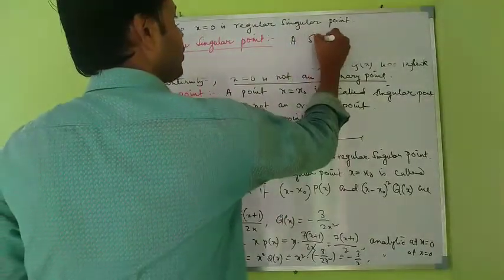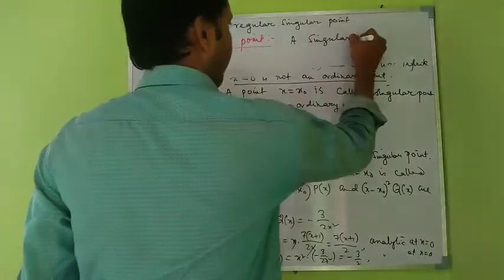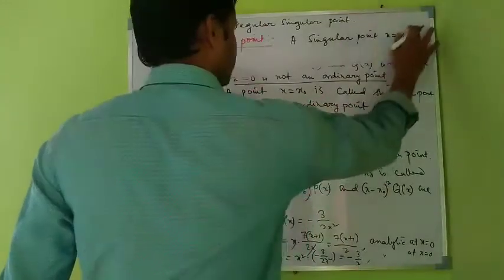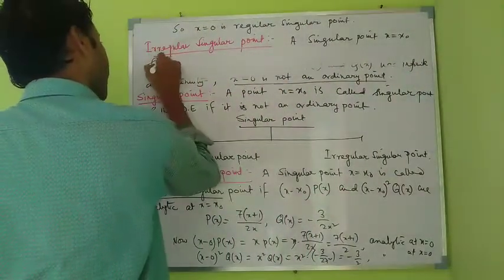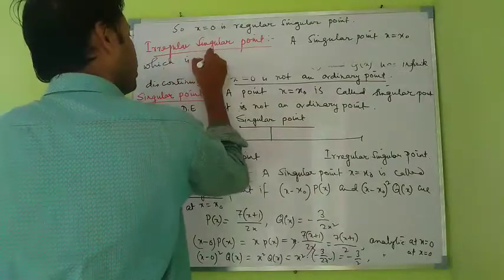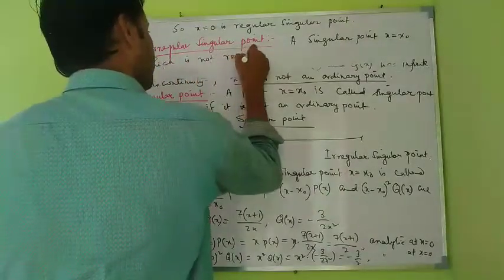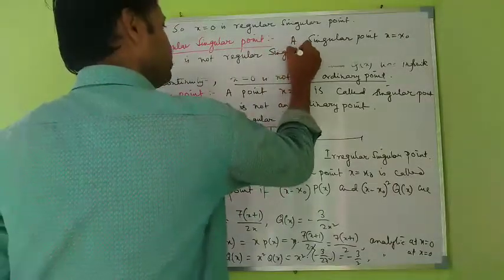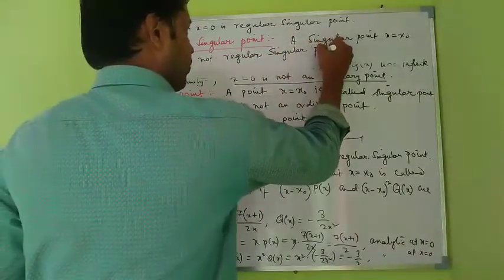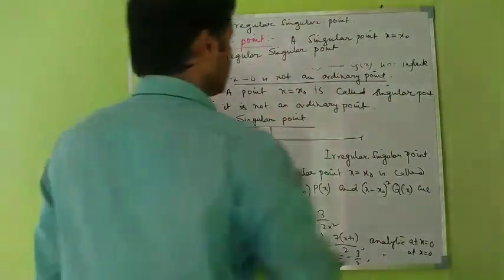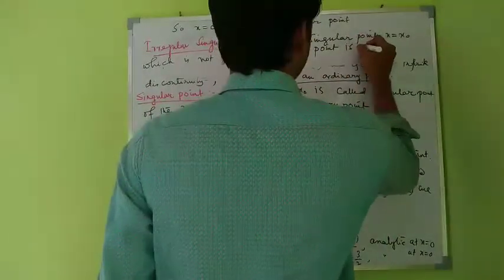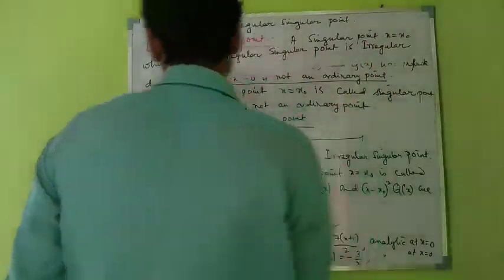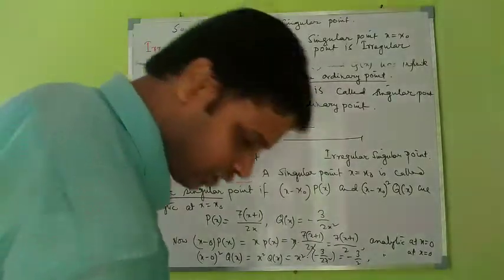A singular point x is equal to x naught which is not a regular singular point is an irregular singular point.